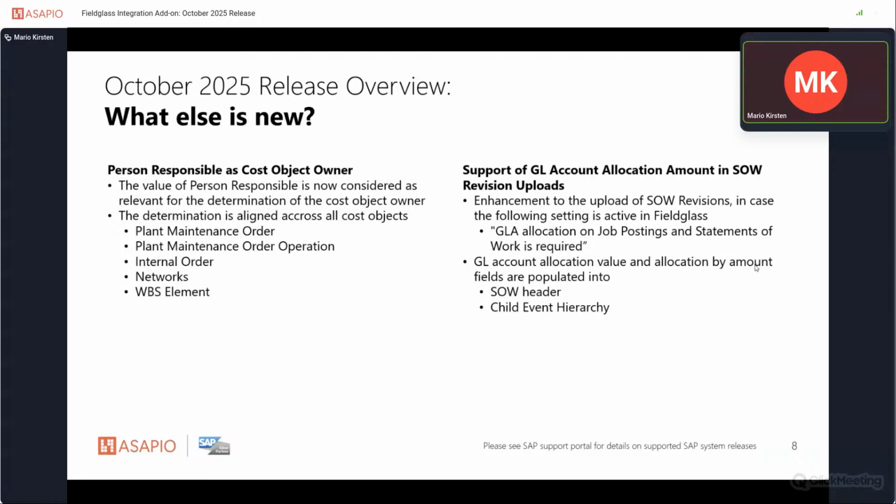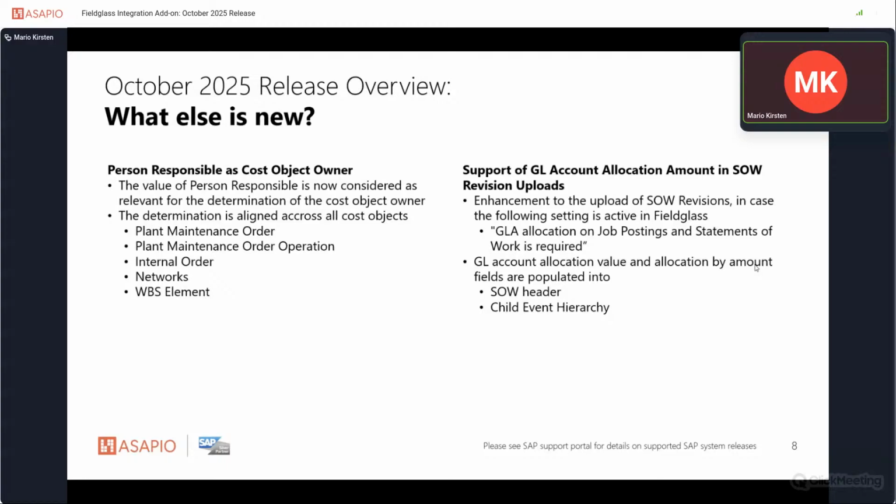And then a very specific use case for the SOW upload from the ERP system into Fieldglass, so for all the ERP-initiated processes. You can have a specific configuration set up in Fieldglass called GLA allocation on job posting and statements of work is required. What does it mean?